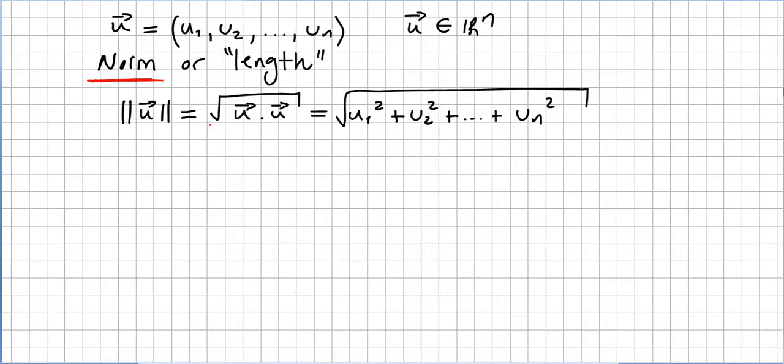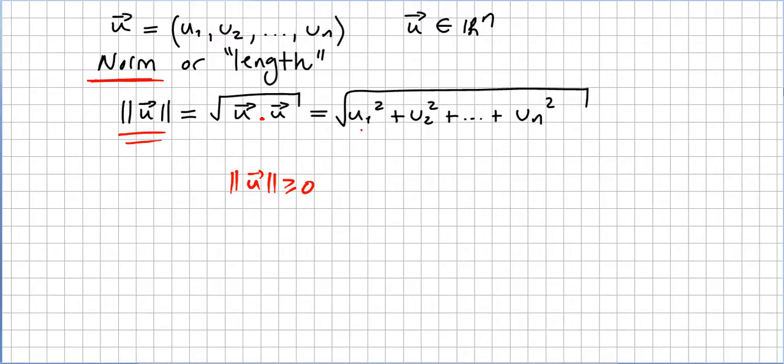The norm, or length, is the non-negative square root of u times u, where this product is the inner product. It is defined this way.